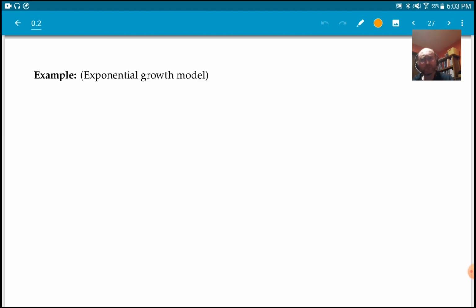So let's do a very simple example of how this works. This is the exponential growth model. Suppose we have bacteria on a petri dish, and it's a really large petri dish, so that we won't worry about the bacteria growing too large. We're going to have some population of bacteria, I mean, there's a certain number of bacteria on the petri dish.